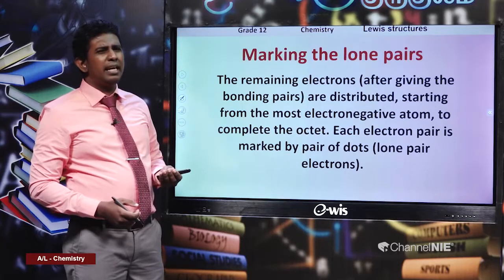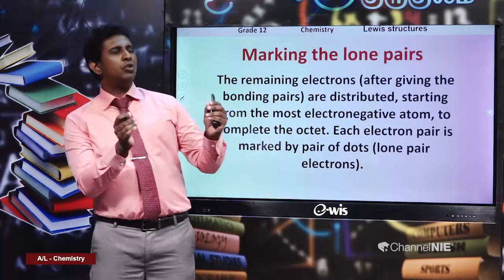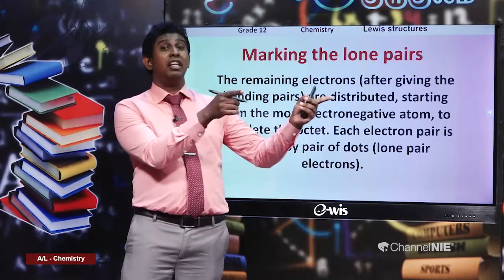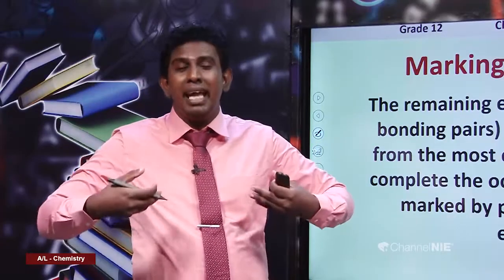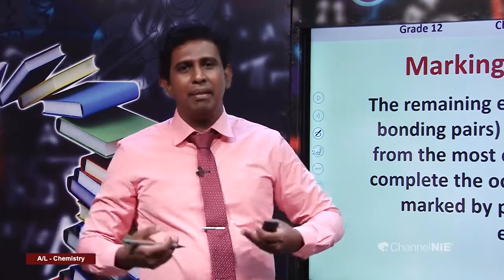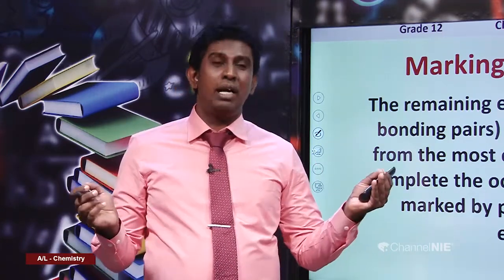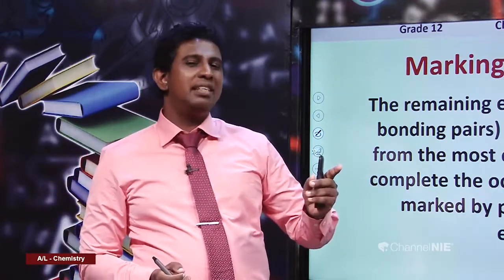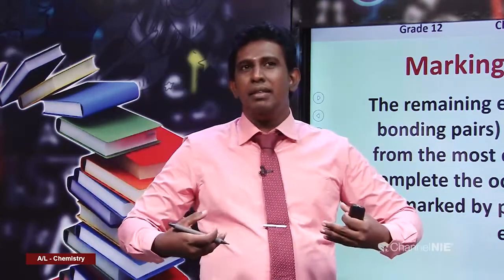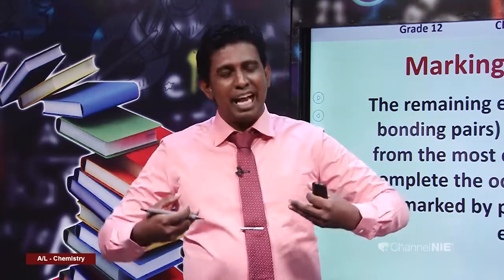How could you decide how many pairs to be kept on that most electronegative atom? Students, it's maximally 8, meaning 8 is the stable number. We found that out earlier. So you make the number of electrons in the valence shell of that most electronegative atom 8.